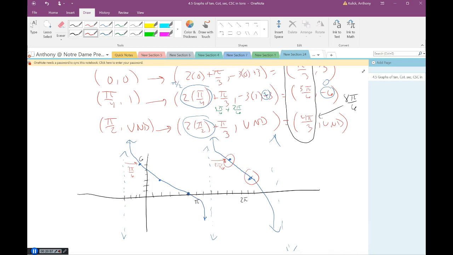It's very much like you could plug in from the key points for tangent, right? We have more than one period's worth of key points on the key point sheet, so you could have done that too. You could have taken the next key point off the key point sheet, which I think is 3 pi over 4 and -1, and plugged that in too.